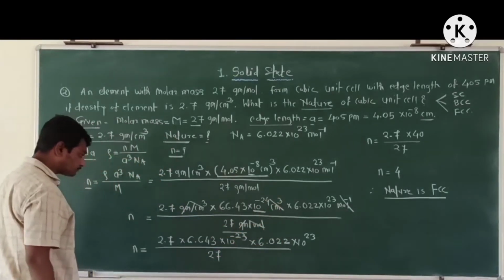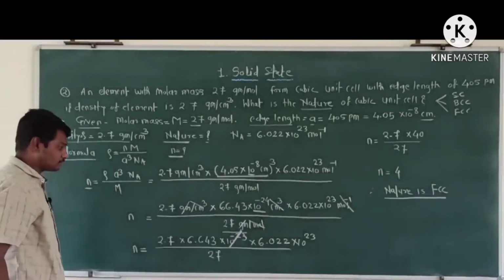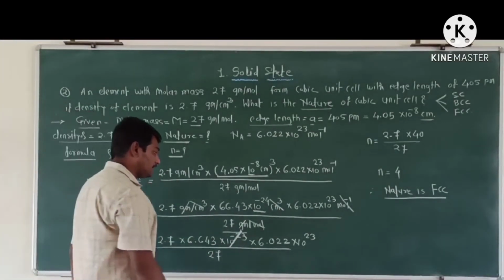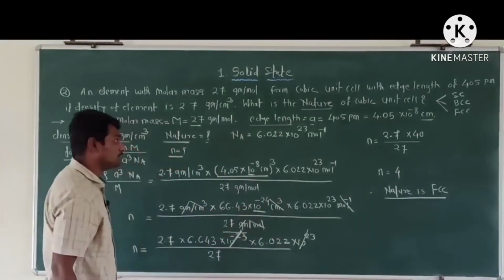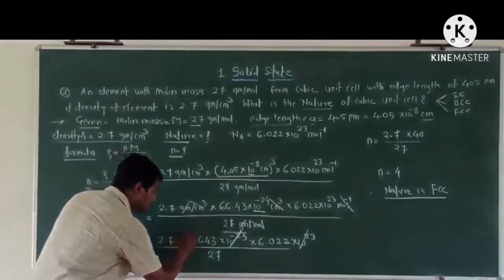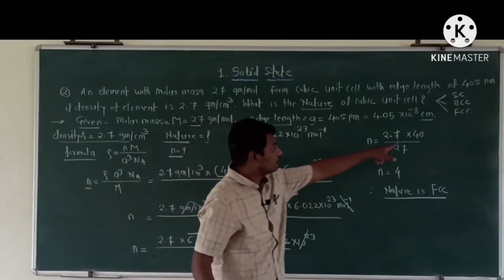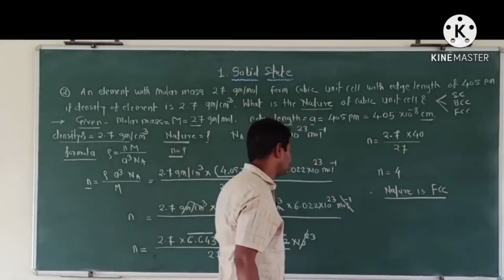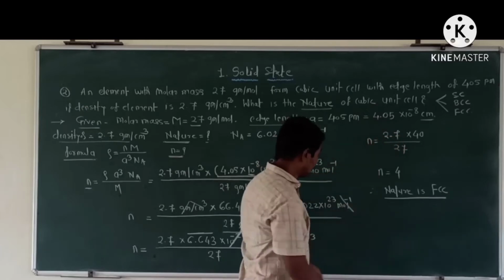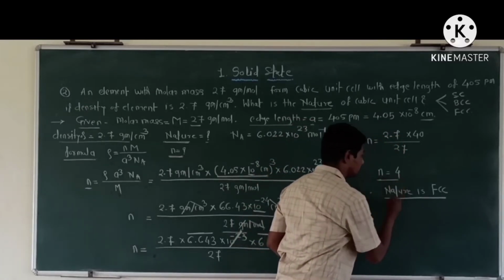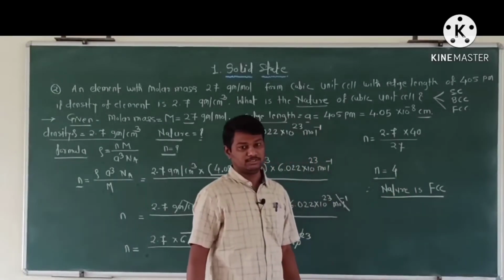Now cancel 10 raised to minus 23 and 10 raised to plus 23, and multiply the two values, we get 40. After solving this equation, we get n is equal to 4. Therefore the nature is FCC.